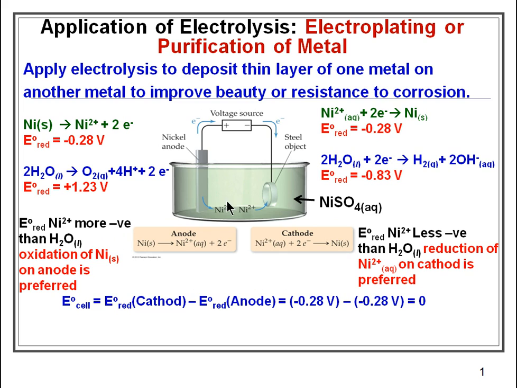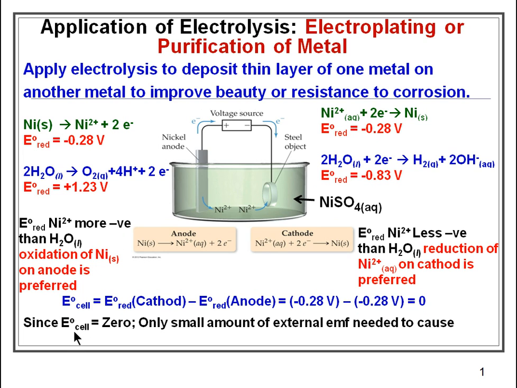One more thing: if we find the standard reduction potential of this cell, we combine the standard reduction potential at the cathode minus the standard reduction potential at the anode. Because the same nickel reaction happens at the anode and cathode, when you subtract these electrode potentials, you will get zero. So since the standard reduction potential of the cell is zero, only a small amount of external current or electromotive force is required to cause the transfer of nickel atoms from one electrode to another.